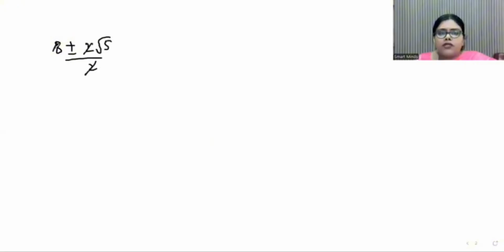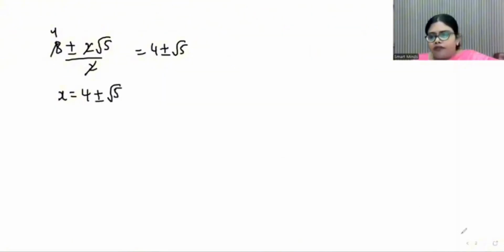Dividing by 2, that is 4 plus or minus root 5. This is the value of x. So x is 4 plus or minus root 5, and y is 1.